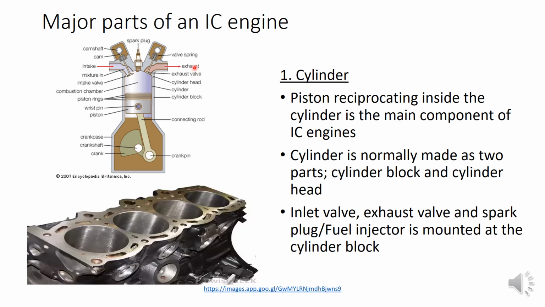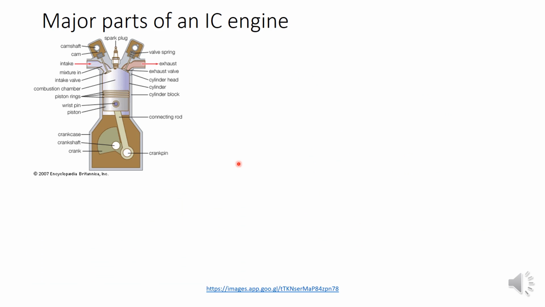The inlet valve, exhaust valve and the spark plug are mounted on the cylinder head, and the cylinder block helps to move the piston. So that is the function of a cylinder.